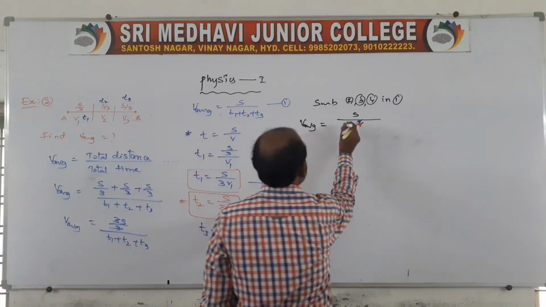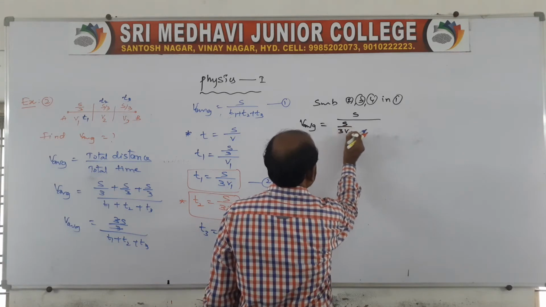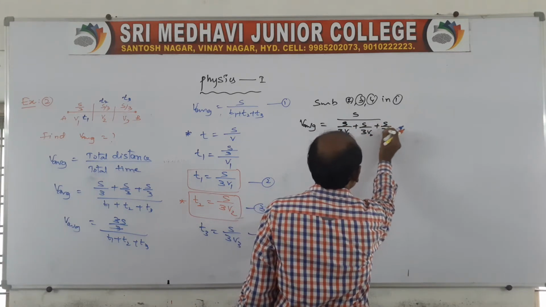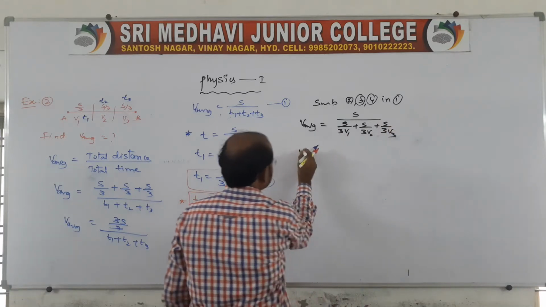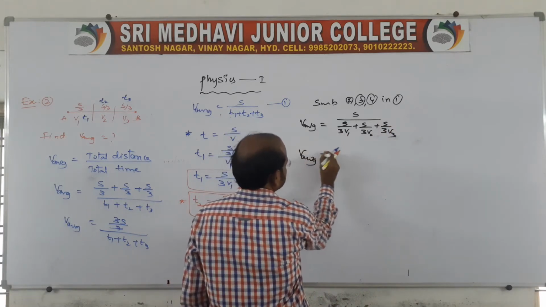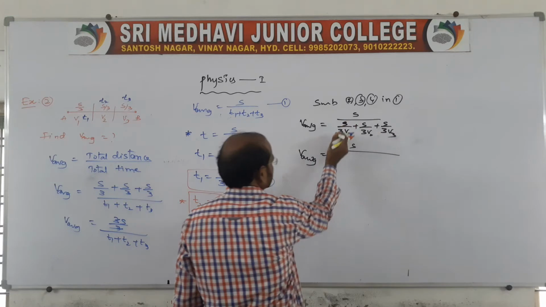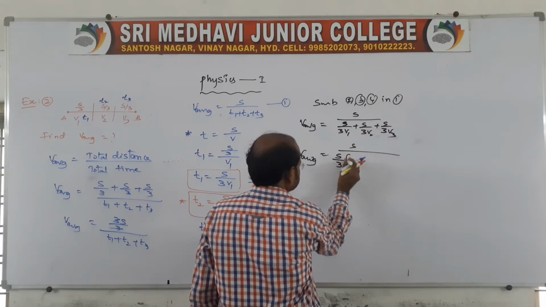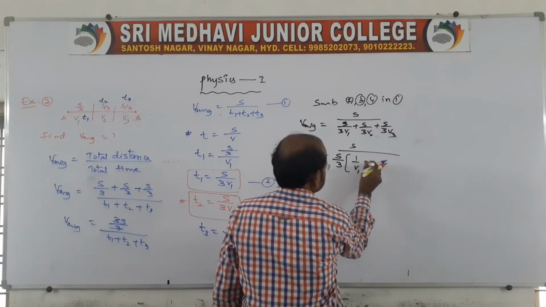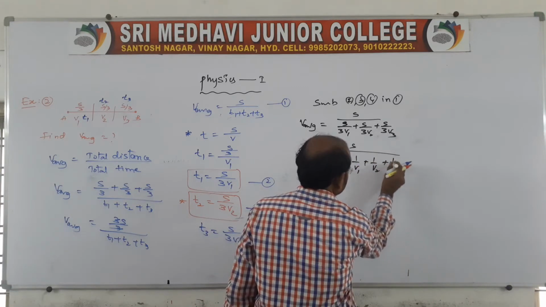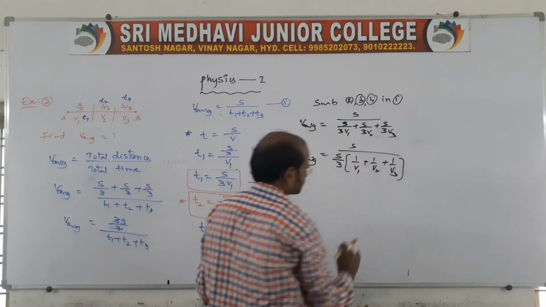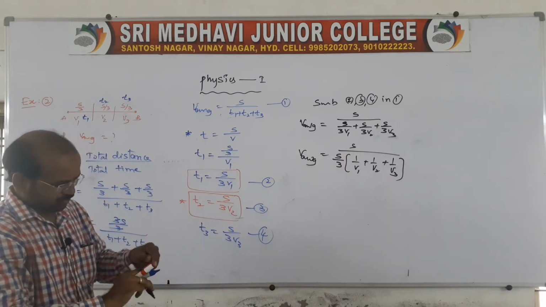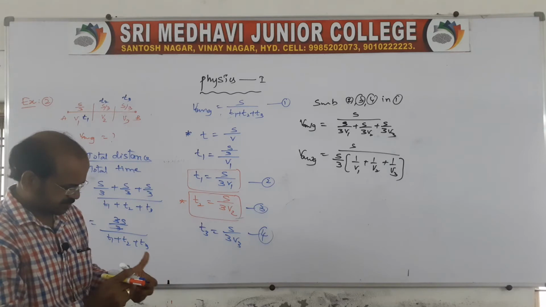So we write s by 3v1 plus s by 3v2 plus s by 3v3. In the denominator, s by 3 is common, so it is s by 3 times 1 by v1 plus 1 by v2 plus 1 by v3. Okay, this is the way we should find the average speed.